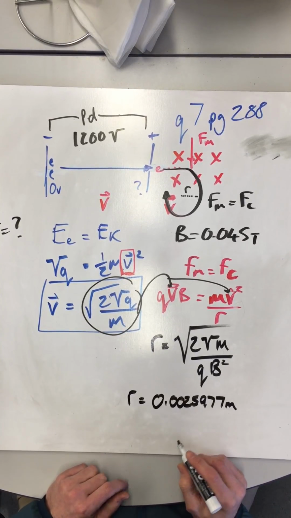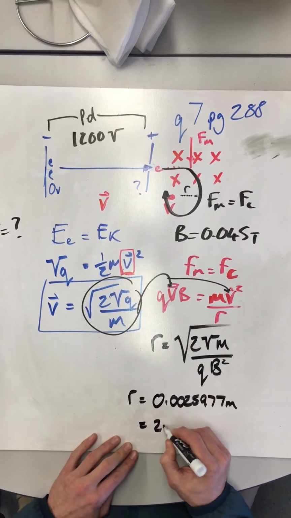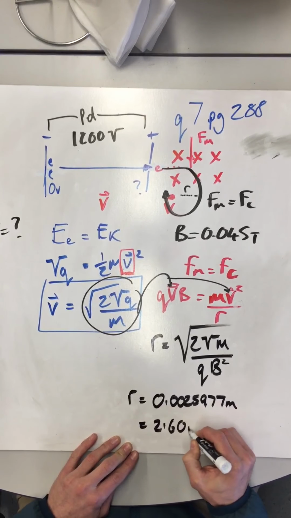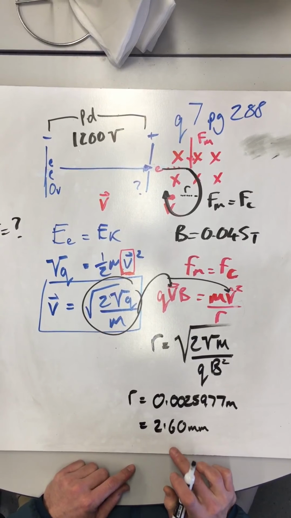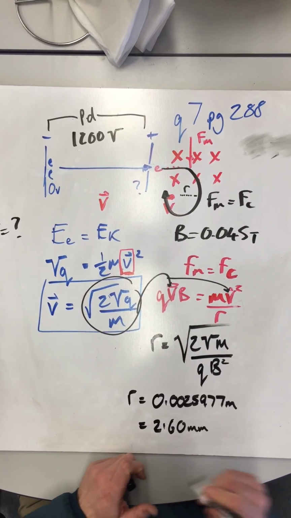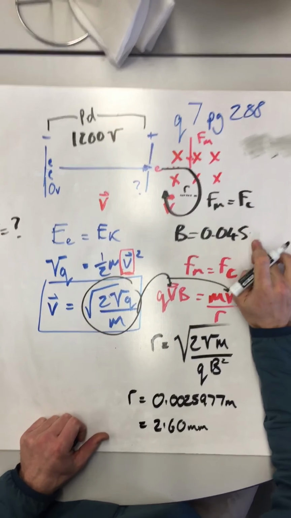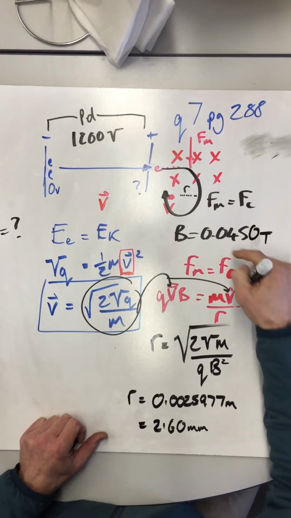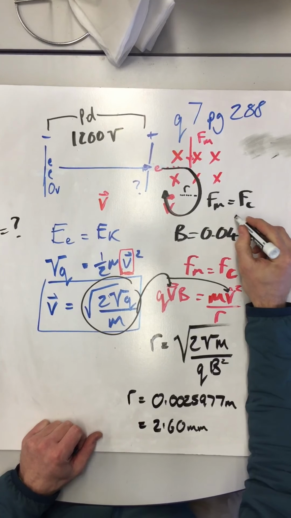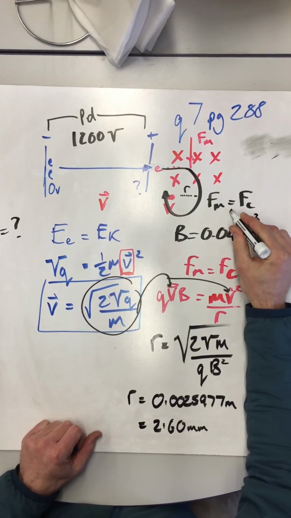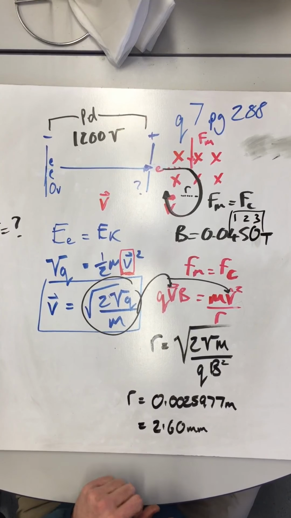Which seems to make sense because the keyed answer is 2.60 millimeters. So that's to 3 significant digits, and I think that makes sense because the magnetic field is given to be 0.0450. So there's 1, 2, 3 significant digits there. So my answer is also in 3 sig digs.